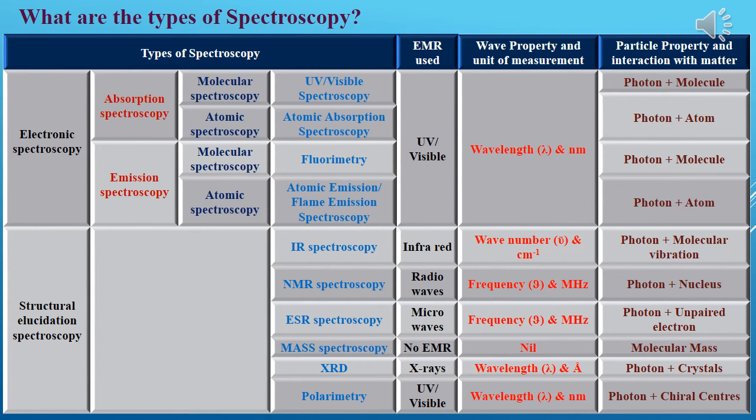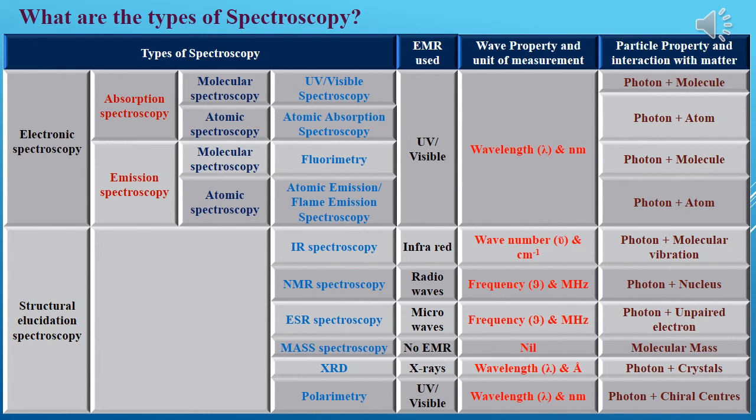The next column represents the wave property and unit of measurement of each wave. UV visible wave is measured with wavelength and the unit is nanometer, whereas infrared uses wave number and the unit is centimeter inverse. Radio waves and microwaves use frequency in megahertz, whereas in mass spectroscopy there is no EMR, so no unit is measured. And X-rays use wavelength with Angstrom unit. For polarimetry, lambda in nanometers.